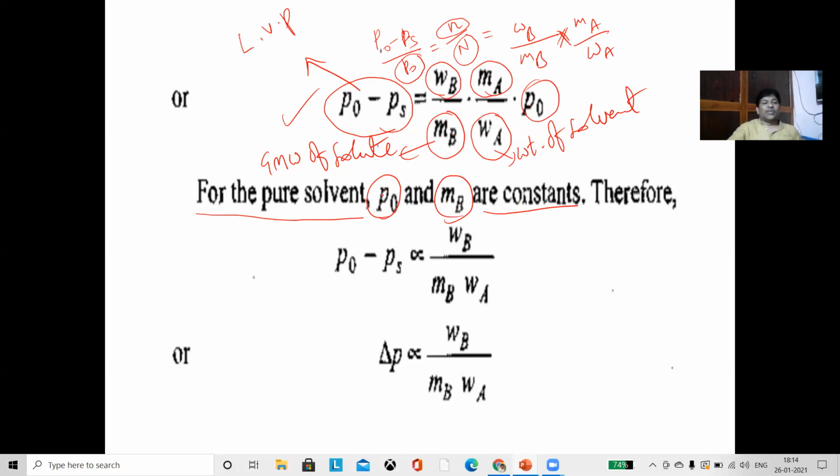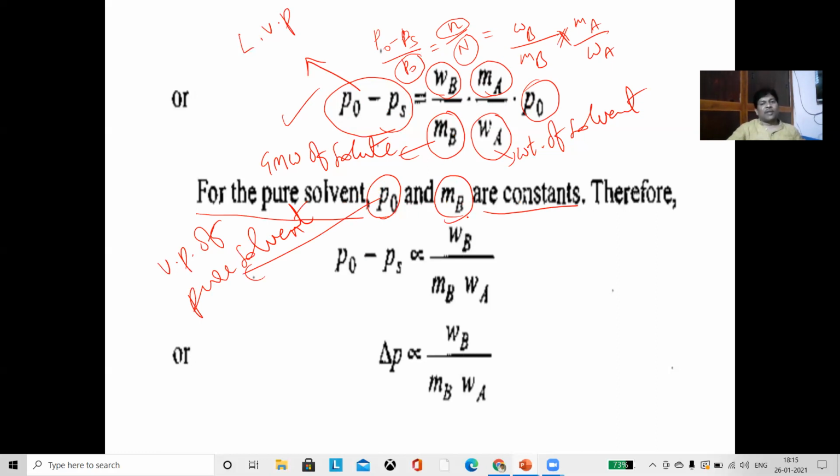The vapor pressure of pure solvent will always be constant at a given temperature. This P0 value will be constant for a given solvent, and also the gram molecular weight of solute.